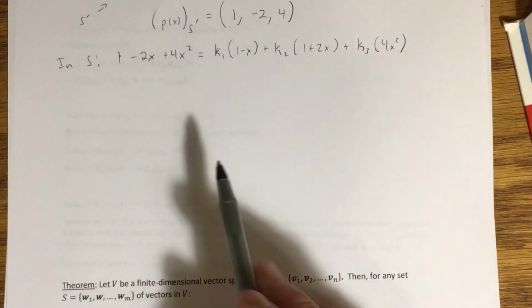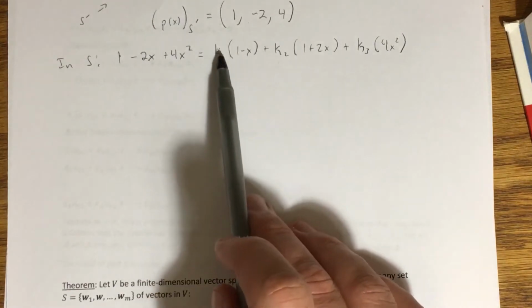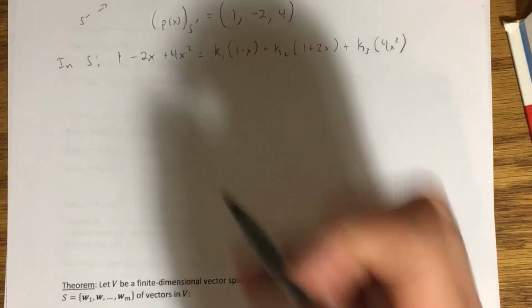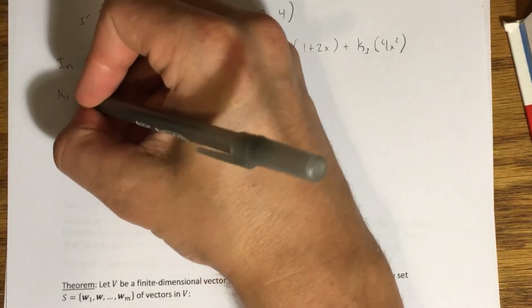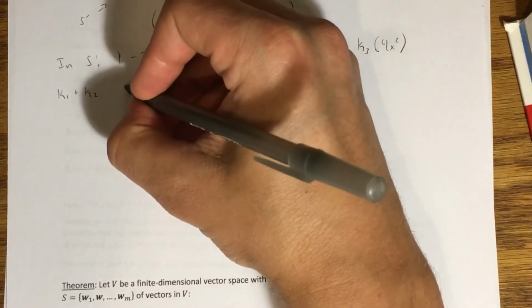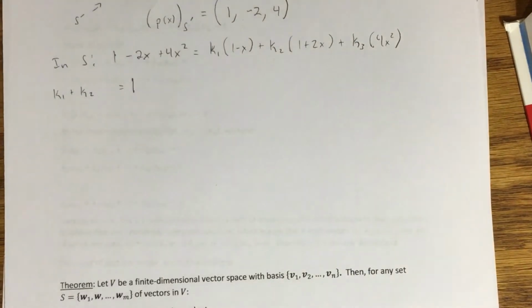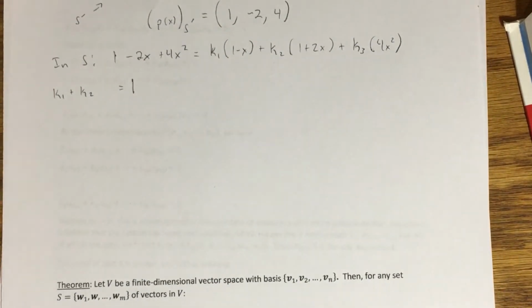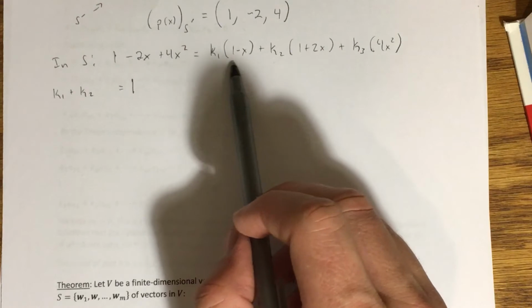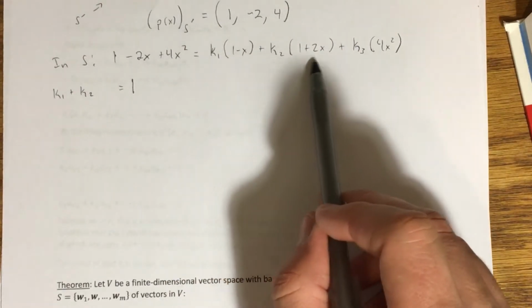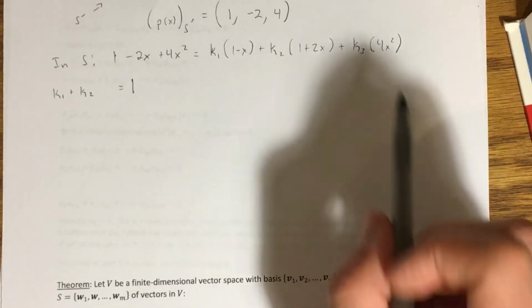So let's start with the constant term. On this side, my constant term is going to look like k1 plus k2. So k1 plus k2 is going to equal the constant term on this side, which is a 1. Okay, and then my linear term, I'm going to get a negative k1 here, a 2k2 over here, and nothing from this side.